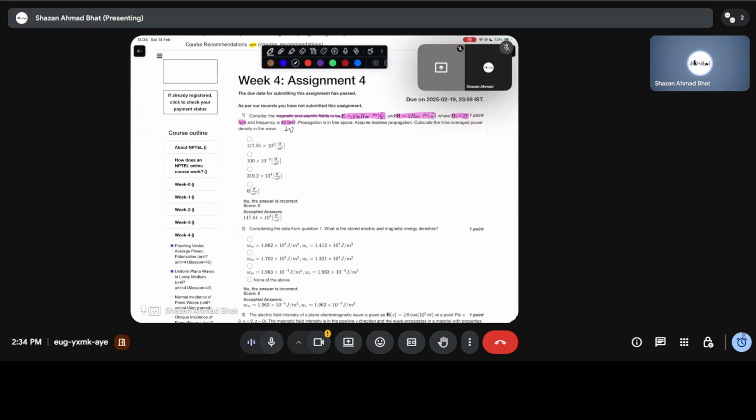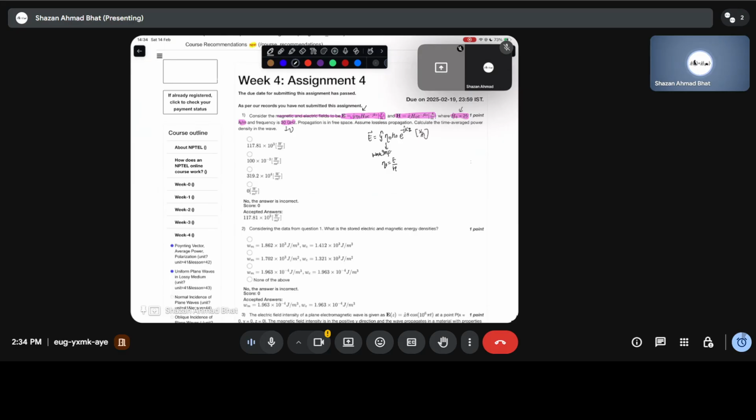This is the electric field component, which is y cap, eta naught, the wave impedance. We know the wave impedance is the electric field component divided by the magnetic field component. And you have H naught e to the power minus j k z in volt per meter.